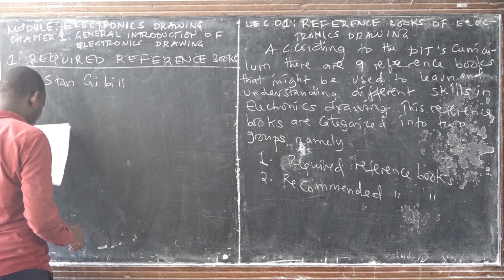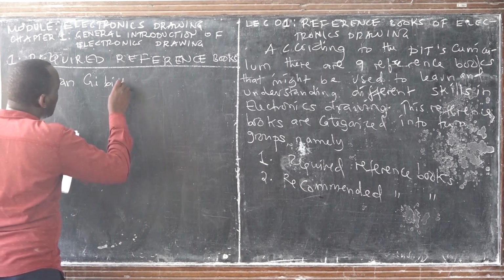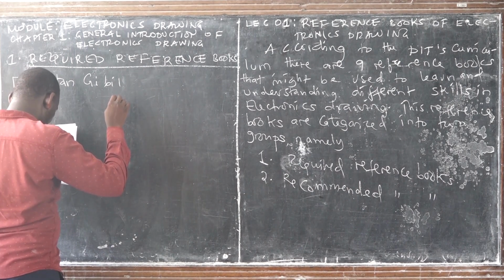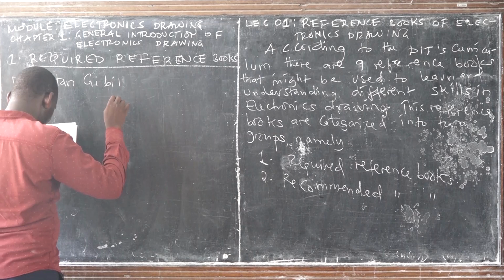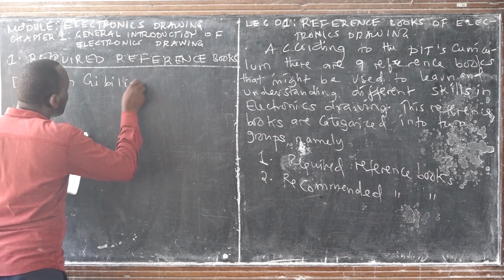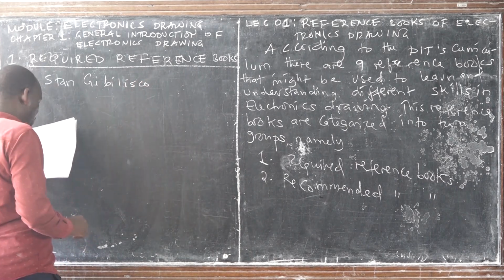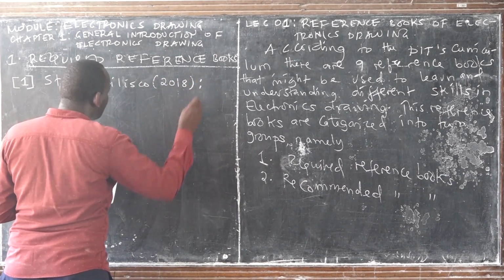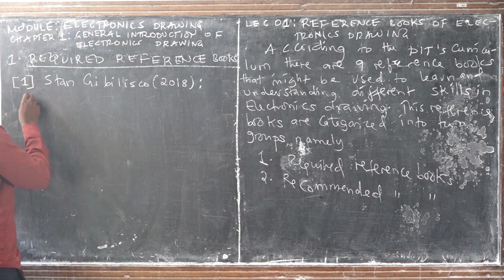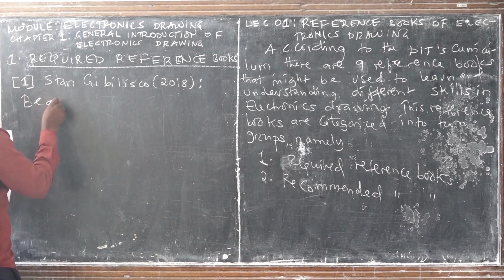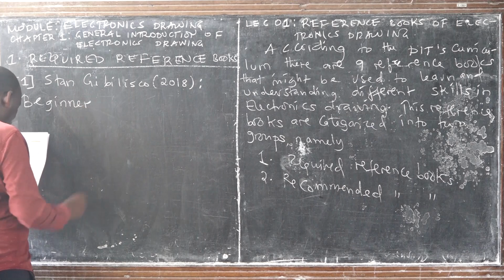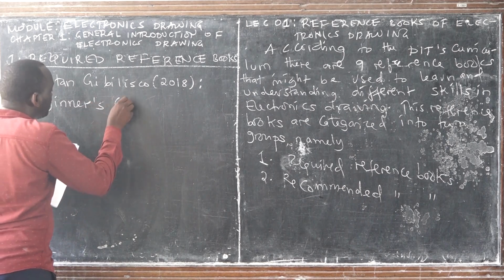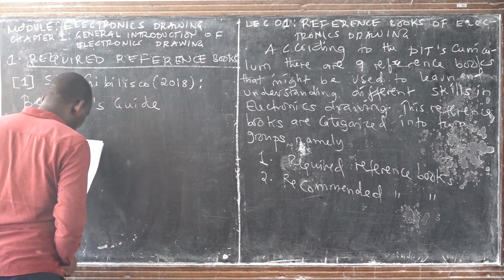Stan Gibilsko, 2018. I said, please don't write anything. Look on the blackboard at what I'm writing, then have some ample time to write. But it's better to write what you have understood.